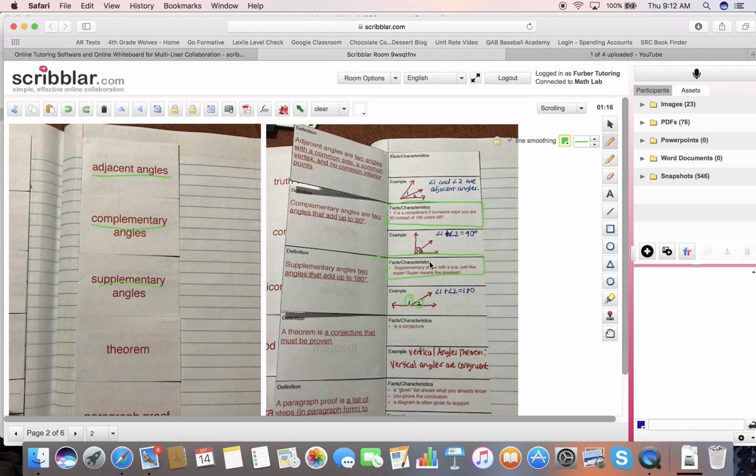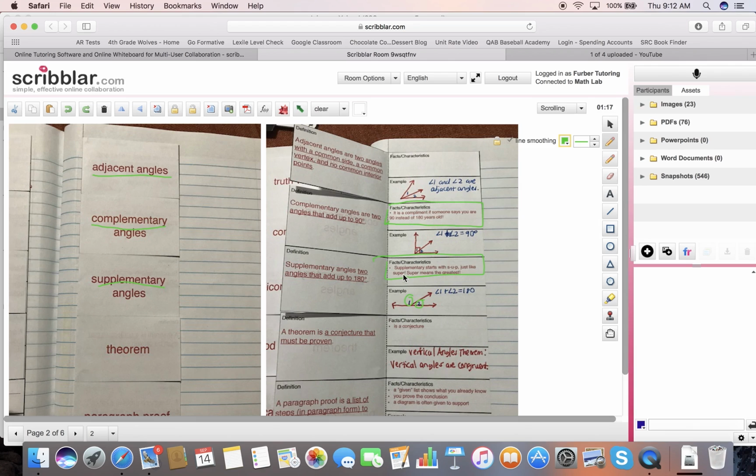It would be more of a compliment if someone looked at you and said, wow, you look like you are 90 instead of 180. That would be a compliment because you would be considered young. But if someone said to you, man, you look like you're 180 years old, that's not really a compliment. It's more of a compliment to say that you're only 90 than 180.